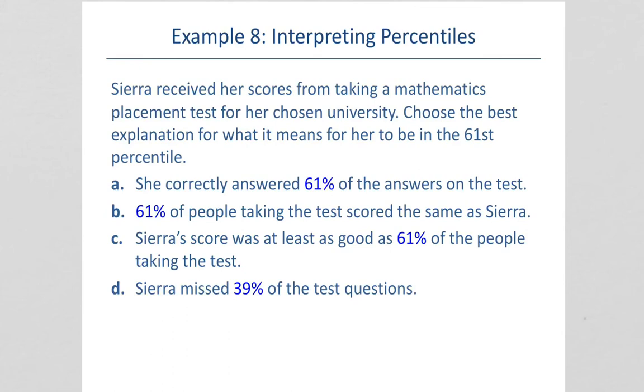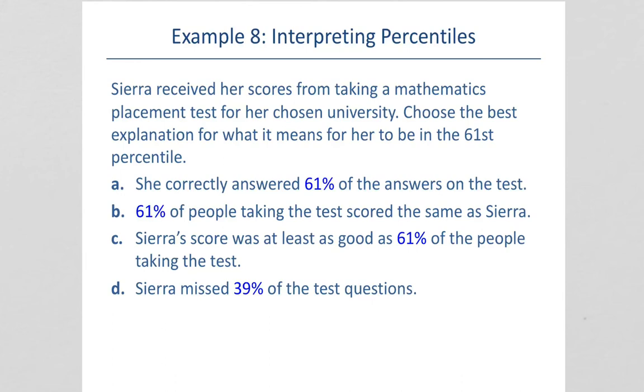Sierra received her scores from taking a mathematics placement test for her chosen university. Choose the best explanation for what it means for her to be in the 61st percentile. Well, let me go ahead and tell you what it means to be in the 61st percentile.